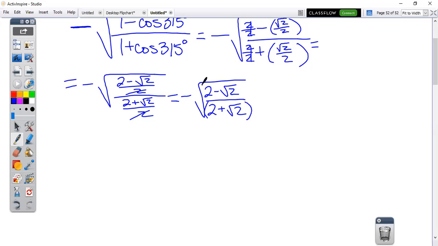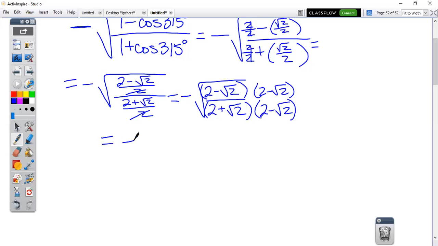Next step is to multiply by the conjugate, which this time is 2 minus the square root of 2. Which way do y'all want to do it this time?